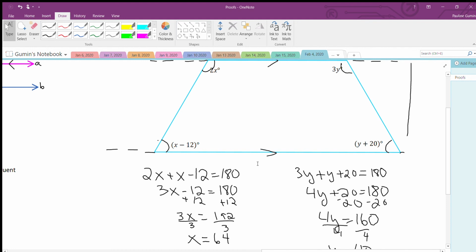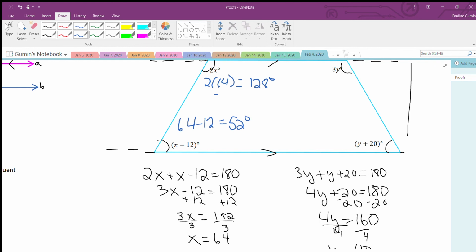Okay, so x is 64, so this is 2 times 64. So this is 128 degrees. x minus 12, so that's 64 minus 12, 52 degrees. y, we got 40, so 3 times 40.